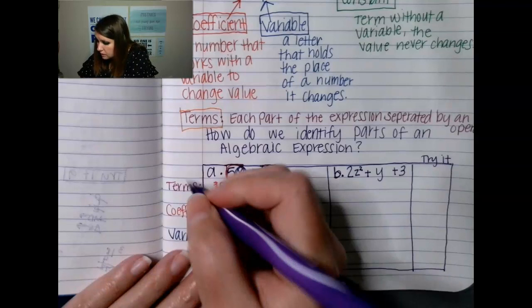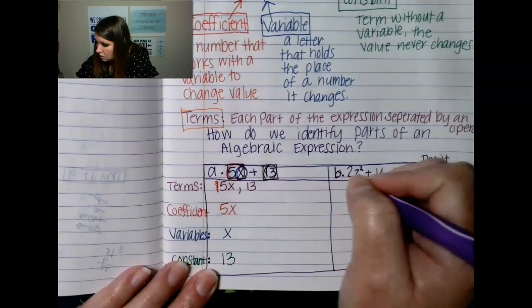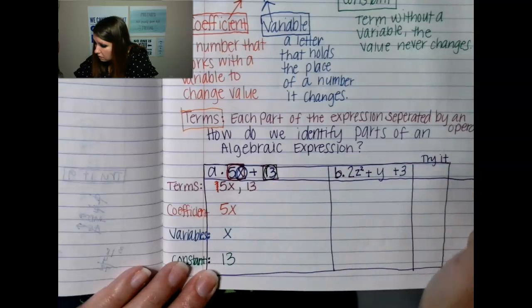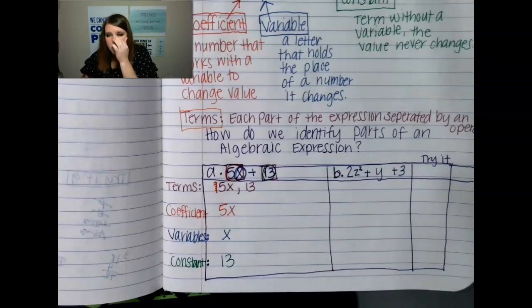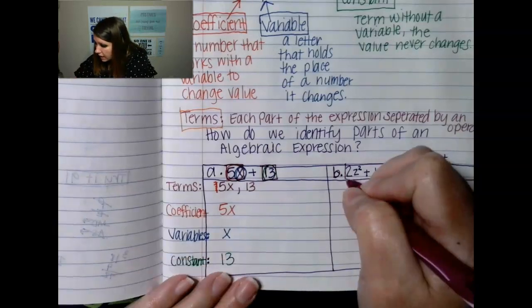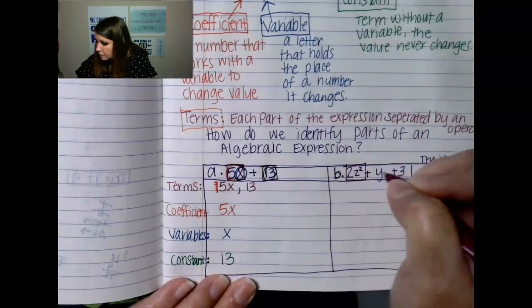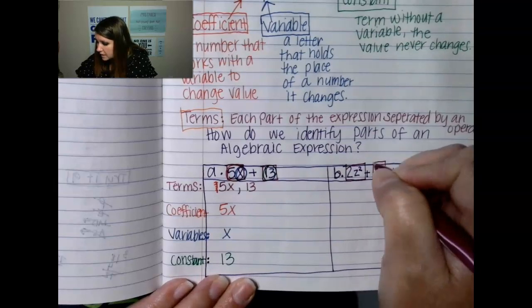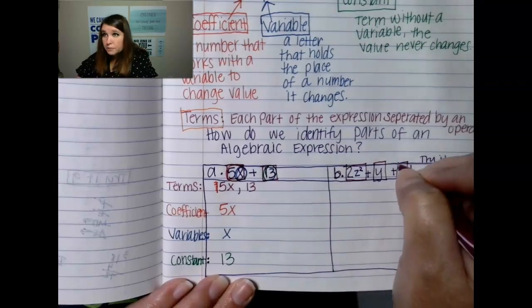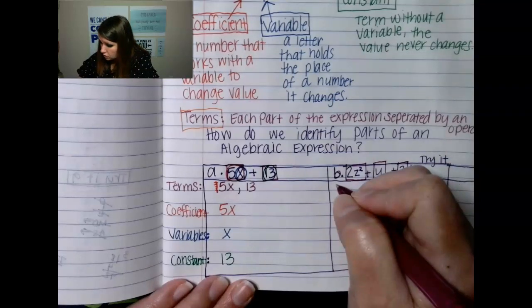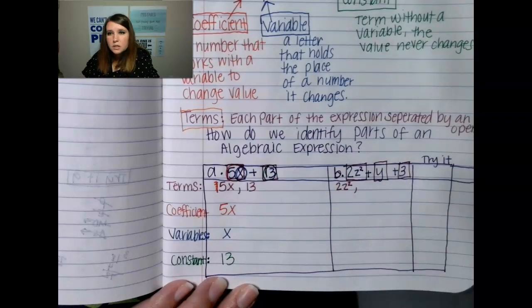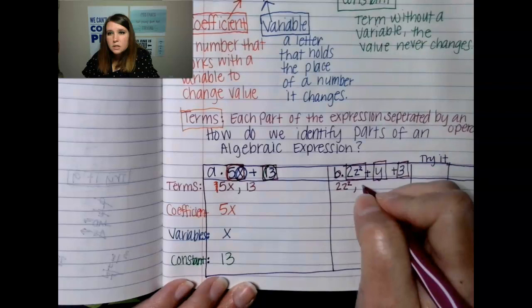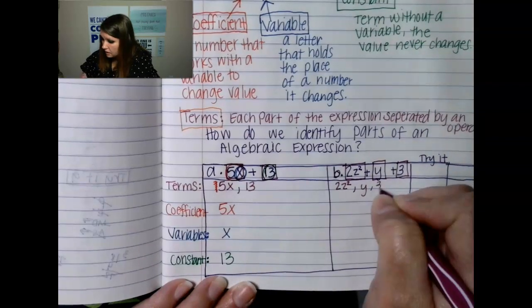Where do you see the terms? Okay. The terms. So let's box those up. The terms are 2z squared, anything that's separated by an operation, right? y is a term, and 3 is a term. So 2z squared, just replace the operation with a comma, y and 3.